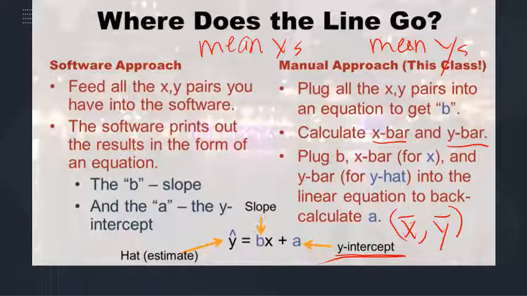None of the points that you're given are going to be on the actual line, but the means of your x and y pairs will fall on the line somewhere. So it's very important to calculate this. You figure out your slope, and then we can back calculate it so that we can get our y-intercept.